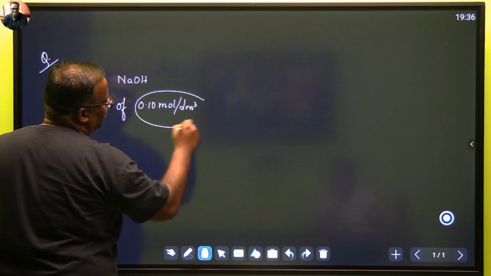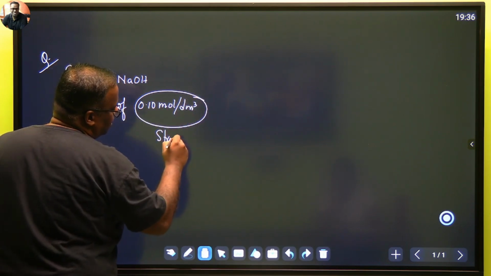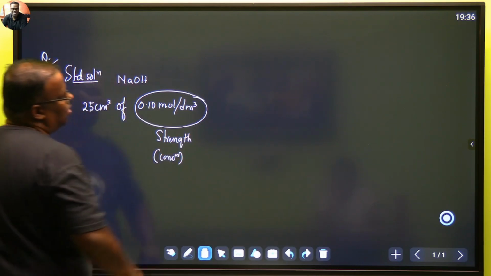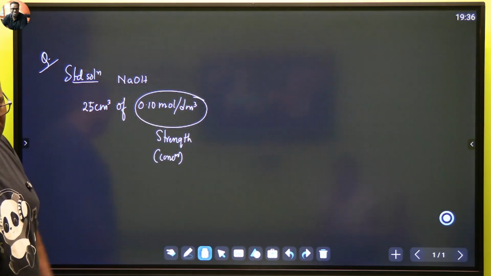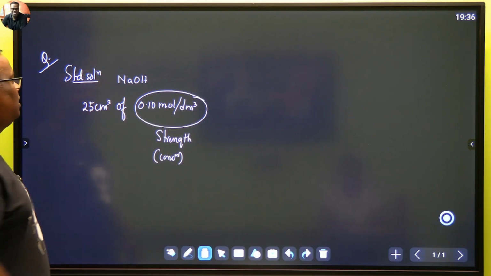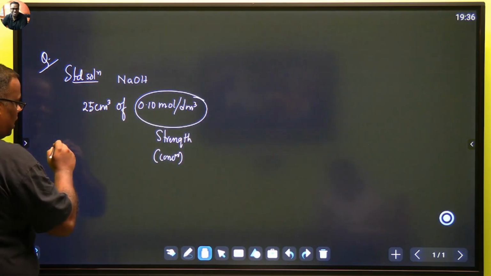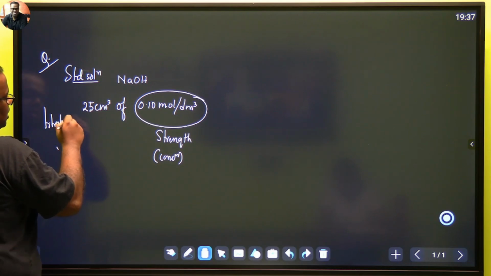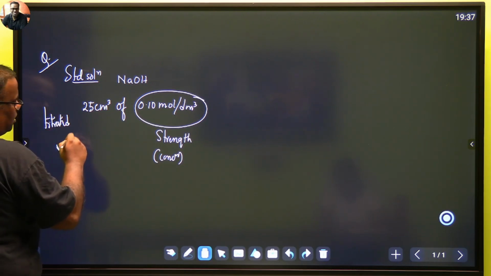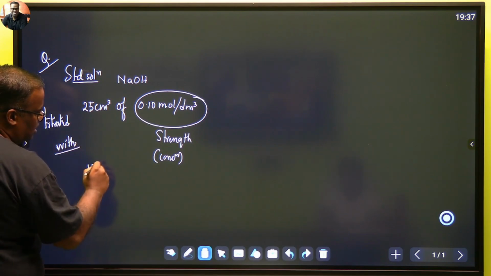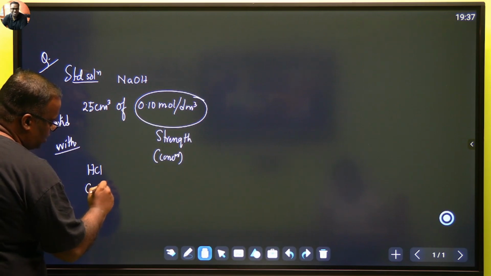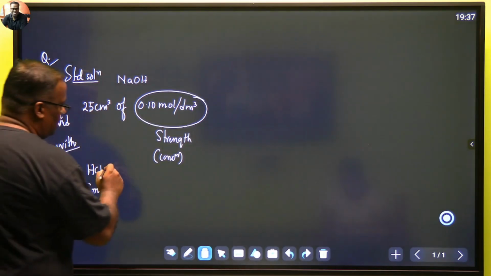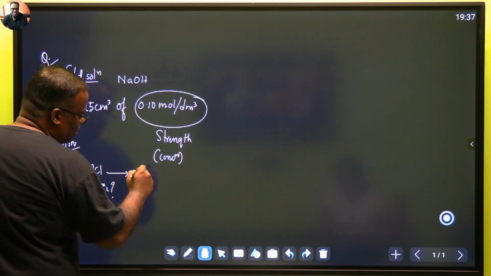Beta, this is the strength, or in other words, the molar concentration of NaOH that you have got. This has been titrated with an HCl whose concentration is not known to me. I don't know the concentration. However, the same parameter for this is 20 centimeter cube.